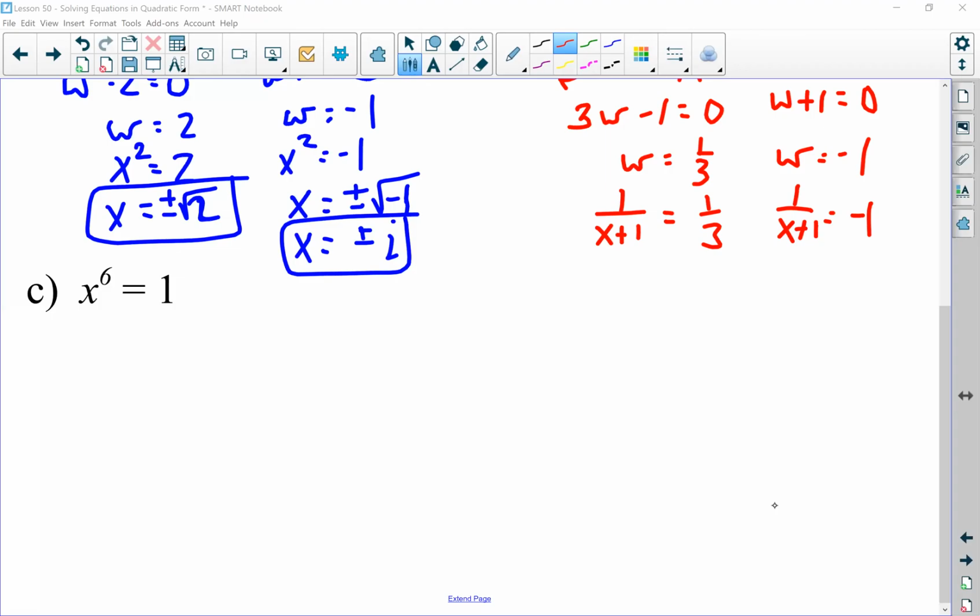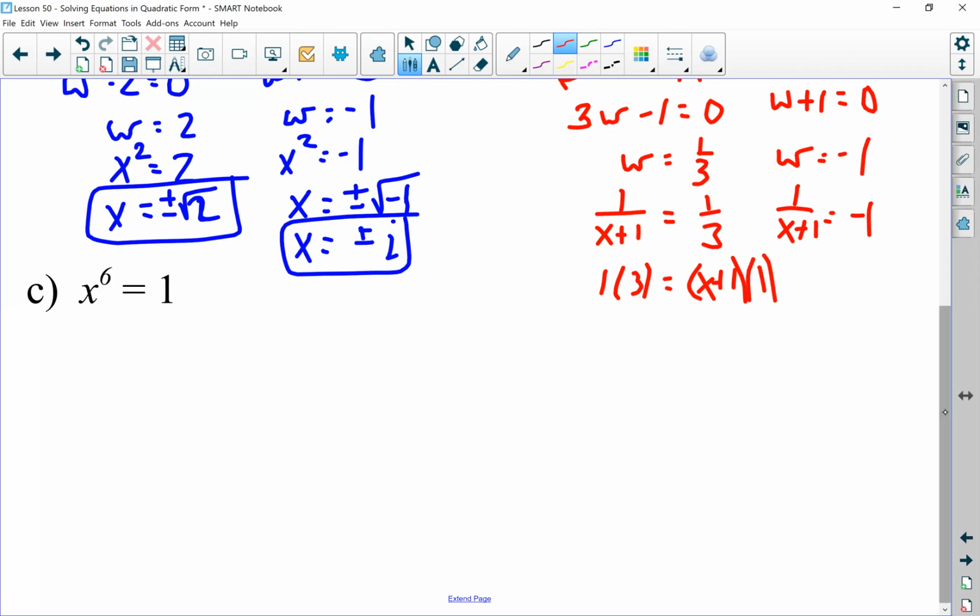And to solve this, I have a couple of options. I'm going to choose cross multiplying. So I'm going to take 1 times 3 and x plus 1 times 1.